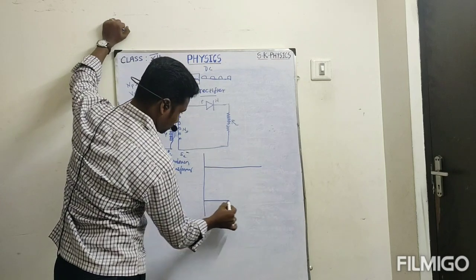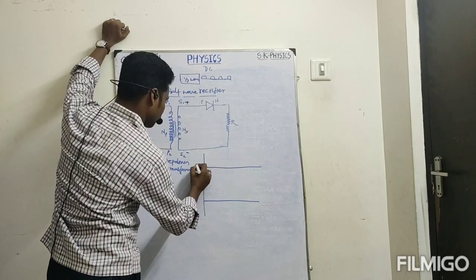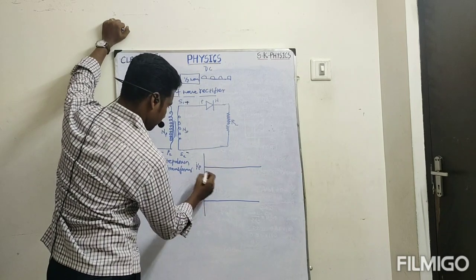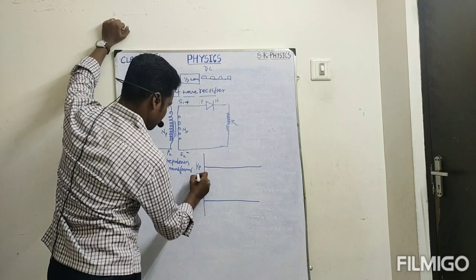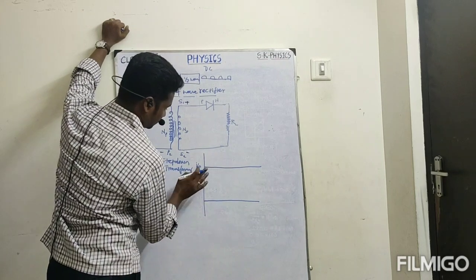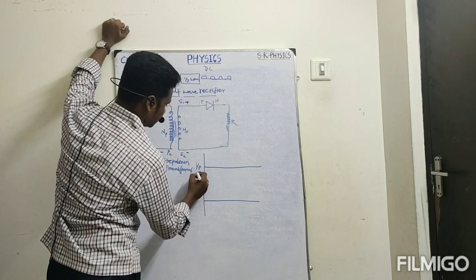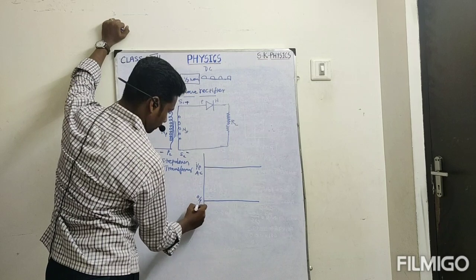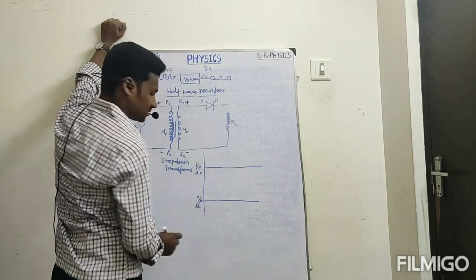This is the input AC, and this is the AC symbol. Then this is the output, that is DC.